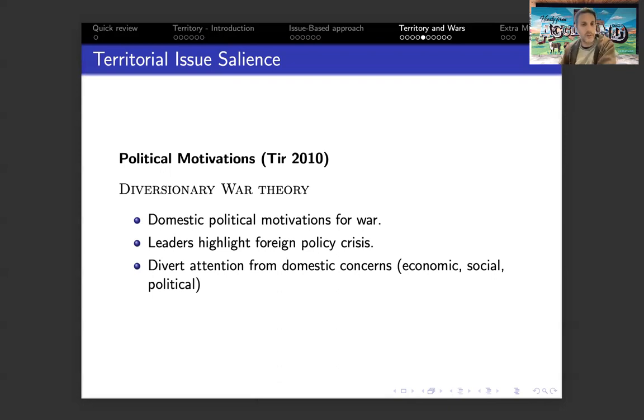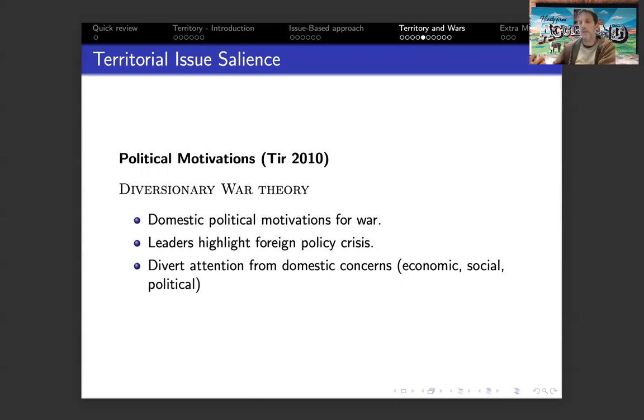So according to diversionary war theory, wars in the international system are not a result of the clash of conflicts between states. Instead, they're based on a domestic process. Domestic political concerns that leaders have will push them to generate or to highlight any types of foreign policy crisis with the objective of diverting public attention from any kind of domestic problems that they face.